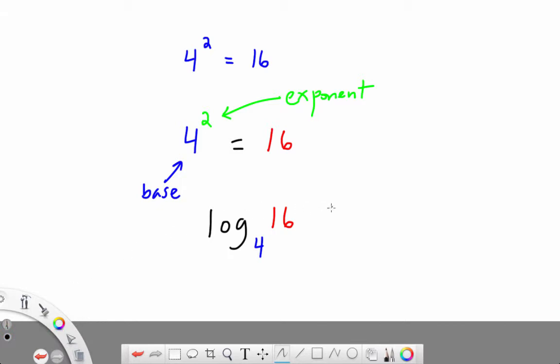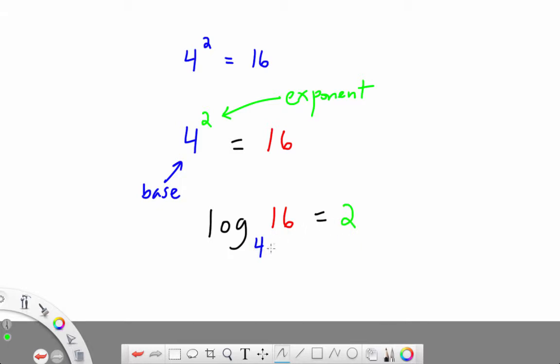And let's just look at this for a second. Log base 4 of 16. In words, this means what power do we raise 4 to equal 16? And we know the answer is 2 from above.